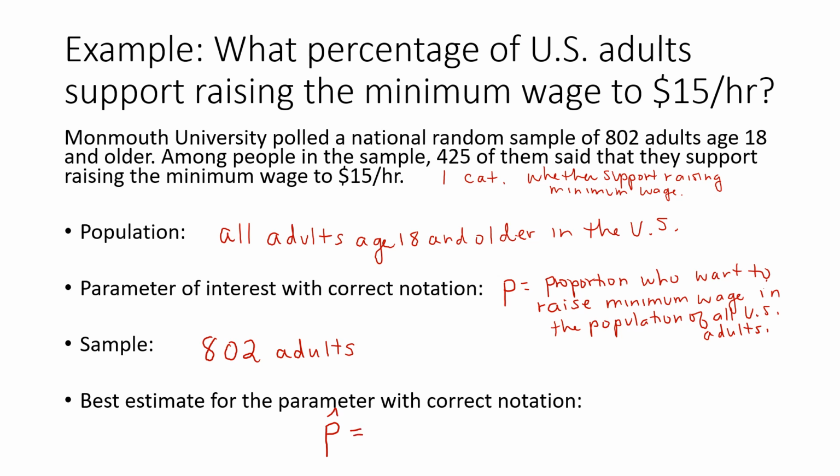In this case, there were 802 adults in the sample. 425 of them wanted minimum wage to be raised to $15 an hour. That comes out to 0.53 or 53%.